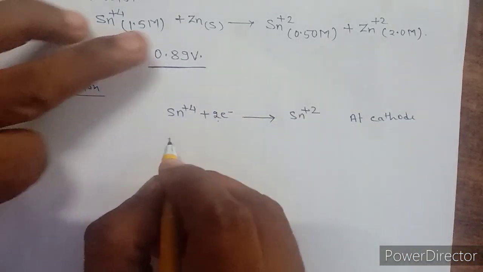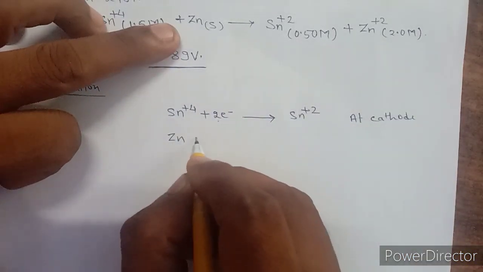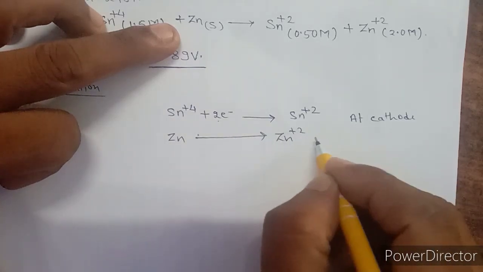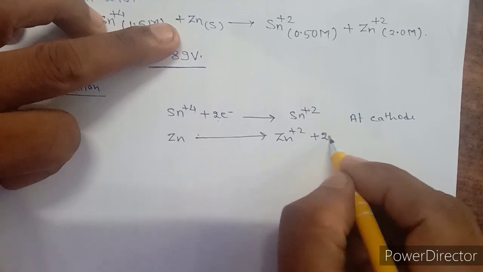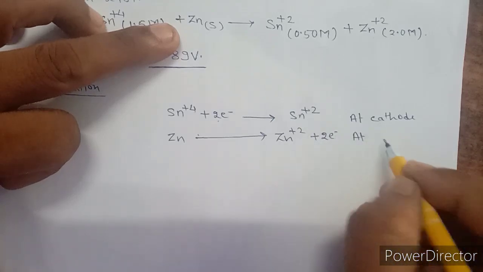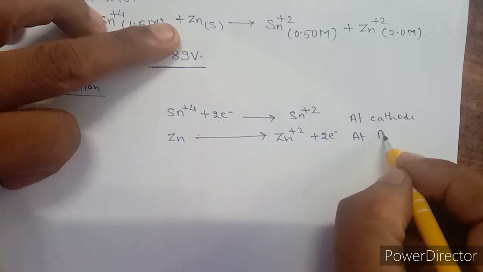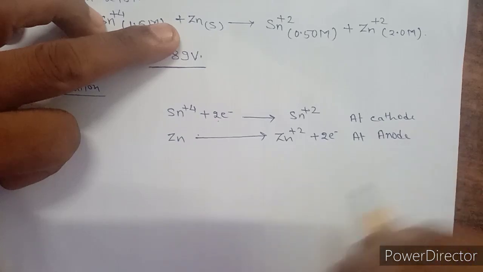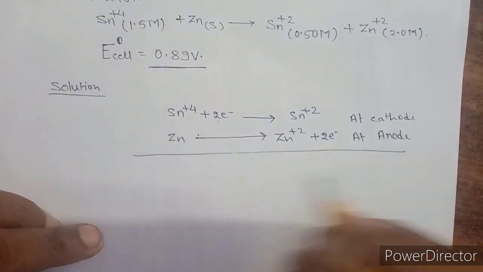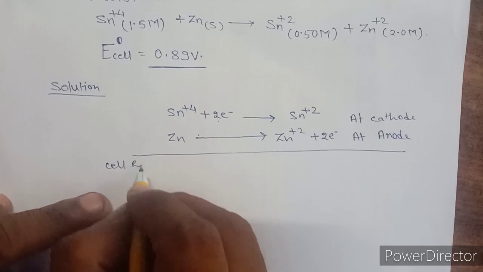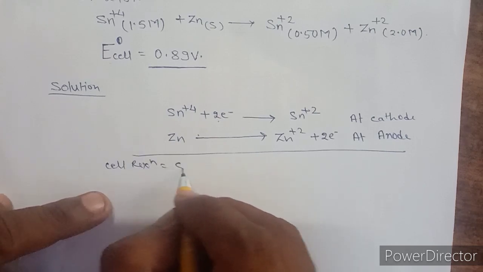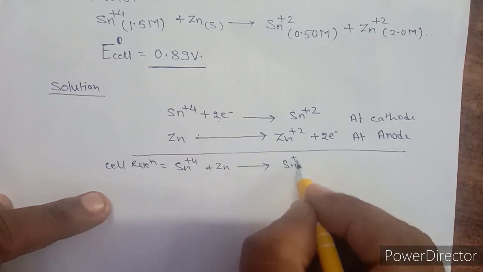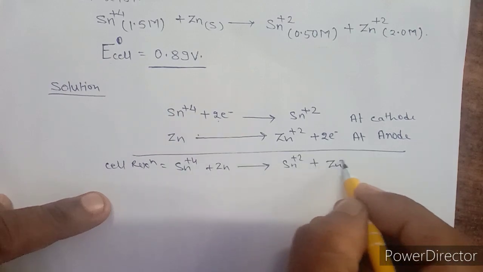Here Zn gives Zn+2 ion by the loss of 2 electrons. This is the oxidation, that's why it takes place at the anode, and the overall cell reaction is Sn+4 plus Zn gives Sn+2 plus Zn+2.